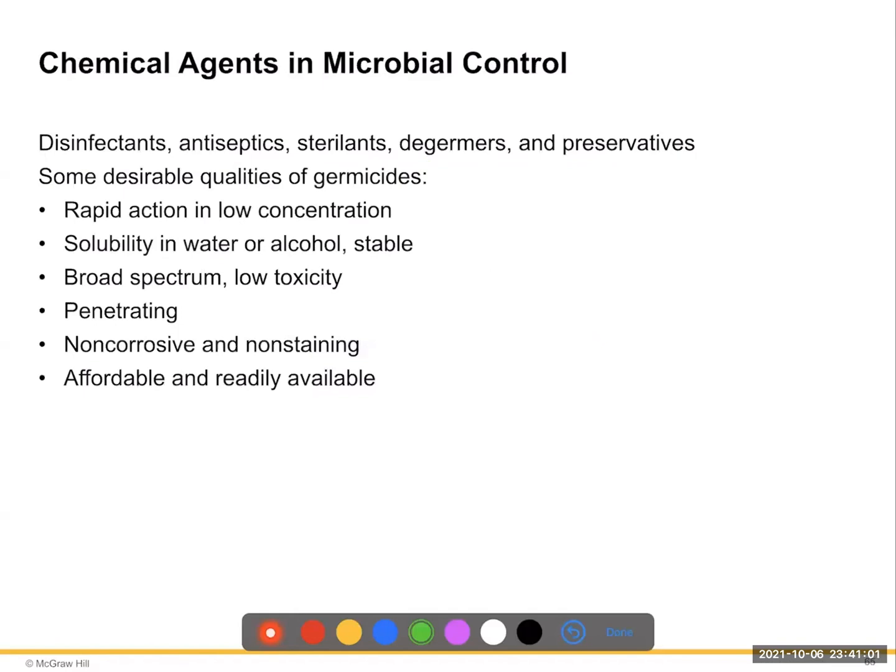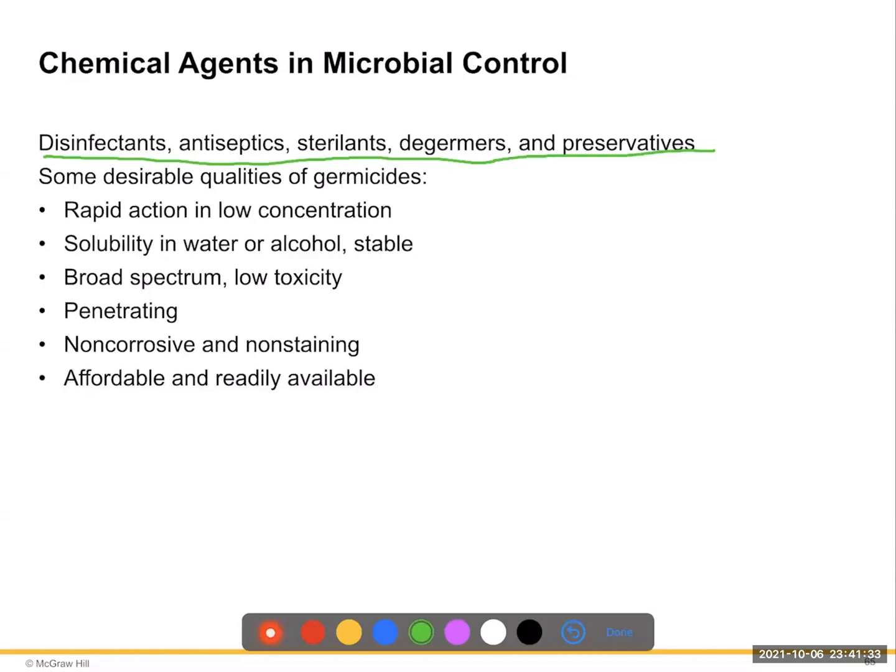We talked about disinfectants, antiseptics, sterilants, degermers, and preservatives. Some of the qualities you want in a germicide, something that kills germs: rapid action in low concentration, because high concentration could cause damaging effects to the people using it. You want it soluble in water or alcohol so it can be applied, and stable.